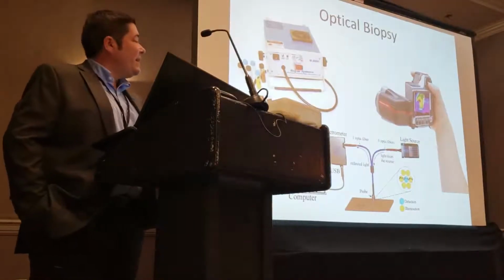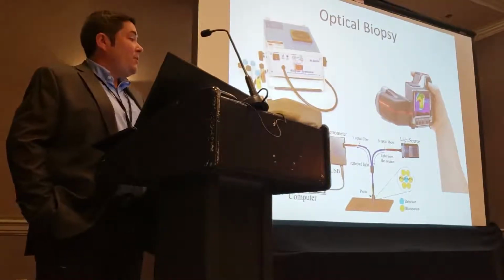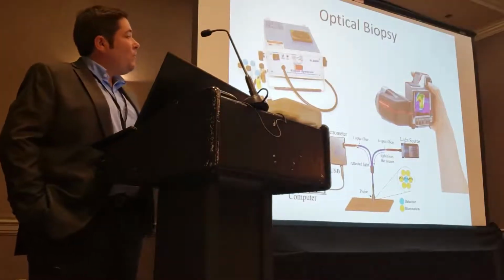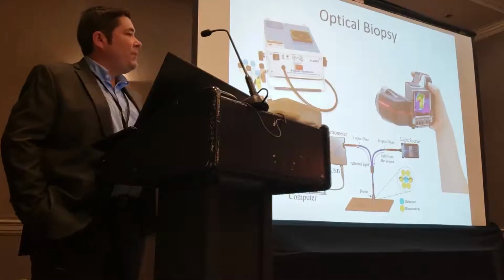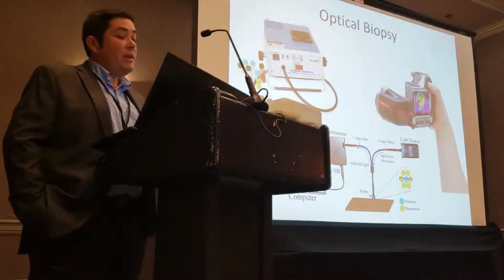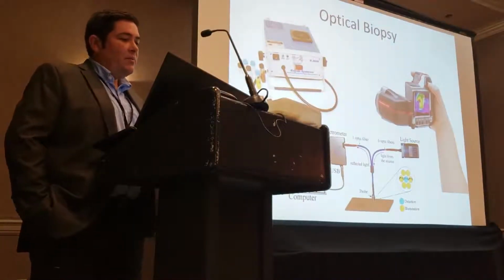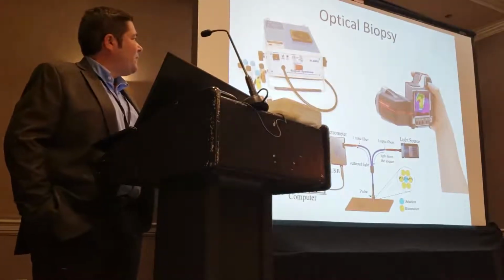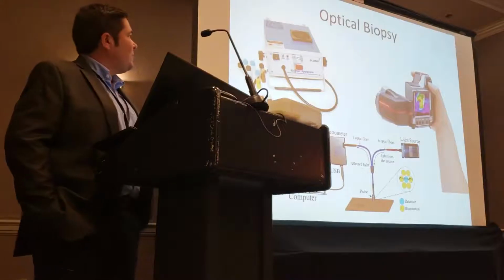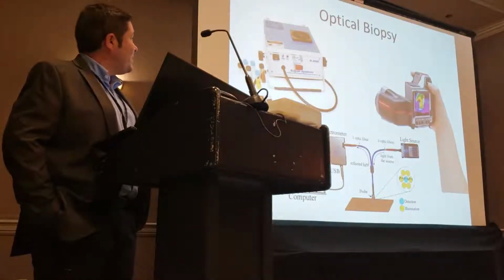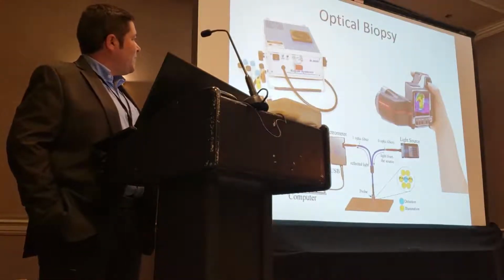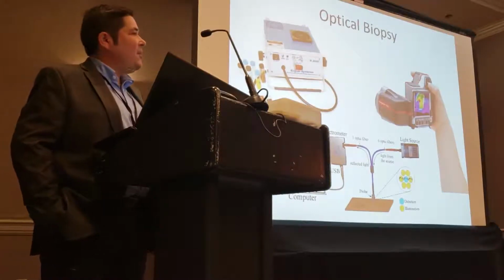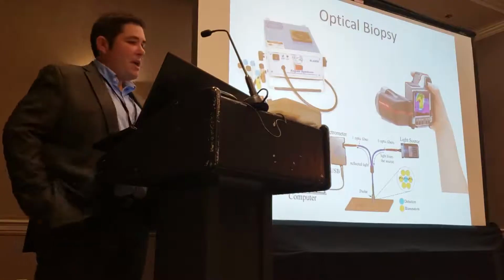So ideally, it would be better if you didn't have to cut the piece out, and so by using optical techniques, you can do an optical biopsy. Here are 3 examples of optical instruments used for this purpose. A Raman spectrometer with diffuse reflectance spectroscopy, but I'm going to talk about thermal patterns.